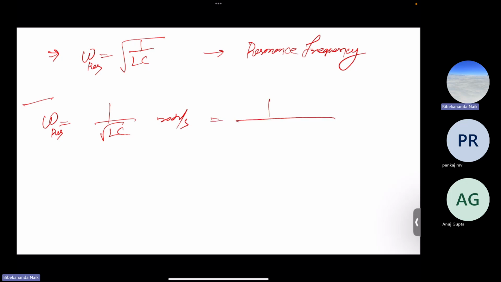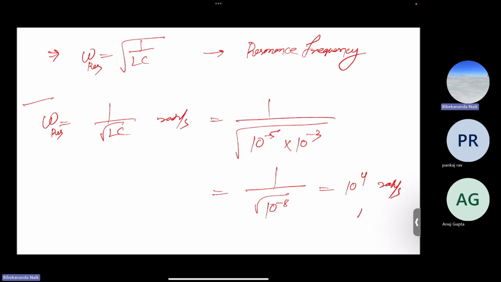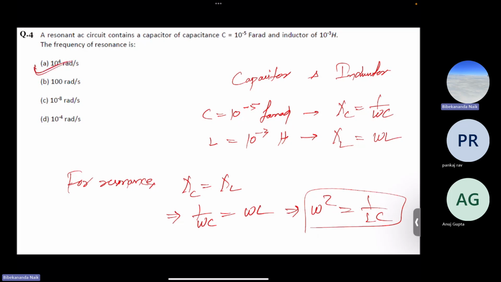So 1 by root over of 10 to the power minus 5 into 10 to the power minus 3, divided by 1. So it will be 10 to the power minus 8, or it will be 10 to the power 4 radian per second. So the correct answer is option A, 10 to the power 4 radians per second.